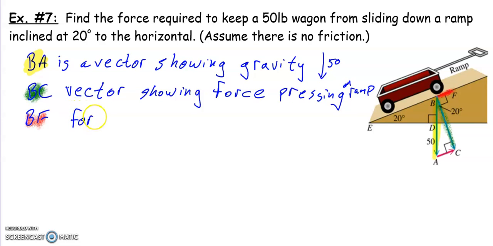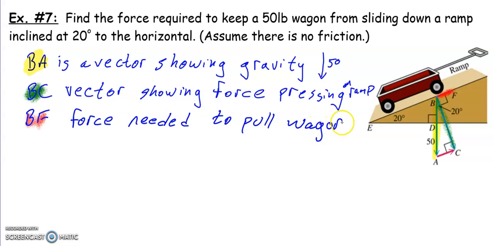This is the force needed to pull our wagon. BF is the force needed to pull our wagon. Well, what's going on? So then I made AC. Why I did AC down here at the bottom. AC is equal to BF.